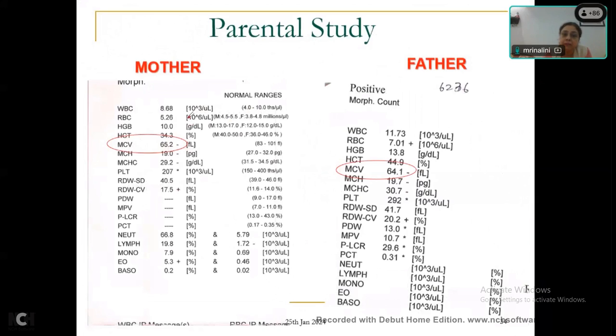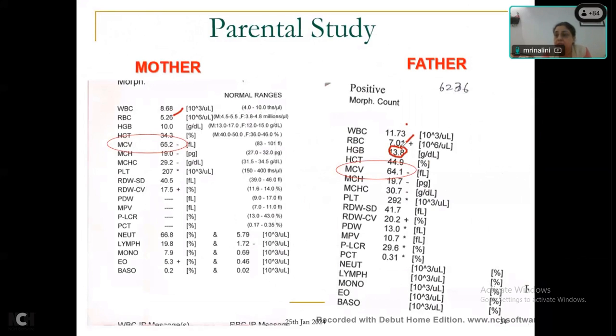Here the parents' CBC showed microcytosis with a high RBC. Both mother as well as father have RBC 7 and MCV 64.1, and just look at the hemoglobin, that is 13.8.